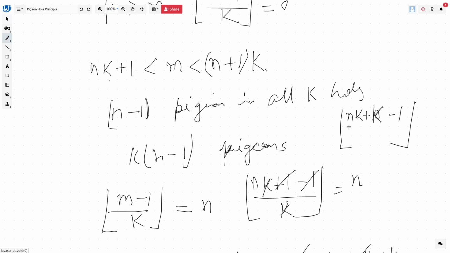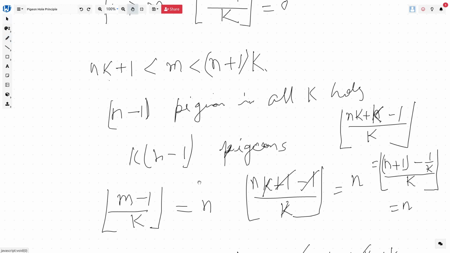Then (n plus 1) into k minus 1, by k, will be n plus 1 minus 1 by k. So this integer is lessened by 1 by k, and since k is a positive number, the whole floor value will again be n. In both cases, the floor of these two numbers is n, right?